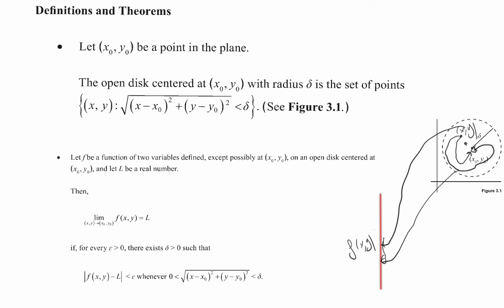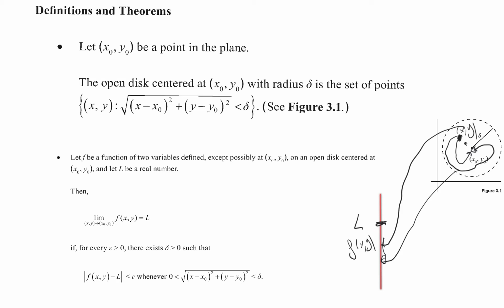So what is the definition of the limit? When you are approaching the point x0, y0, the center of the disk, what will happen? What is the condition that the limit L exists? Let's say that the limit L exists and is here. So now you fix epsilon, a distance from the point f of xy.